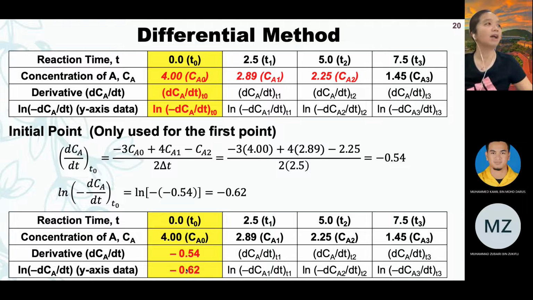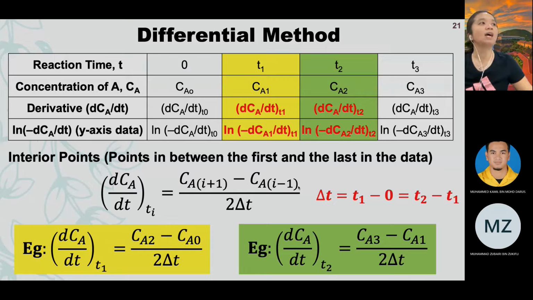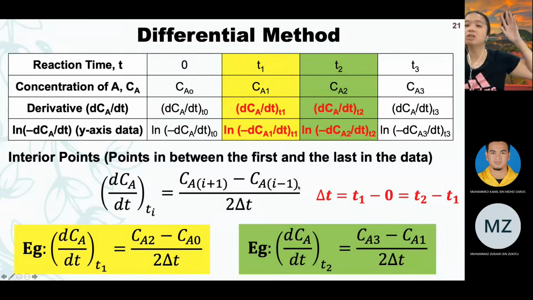Okay, so next one, we want to calculate for the 2 points yang di antara initial dengan last, kita ada 2 interior point. Okay, kita nak cari untuk the second data and the third data, berapa dia punya dCA per dt. So kedua-dua ni berada di antara initial dengan last. So kita akan guna interior point formula.